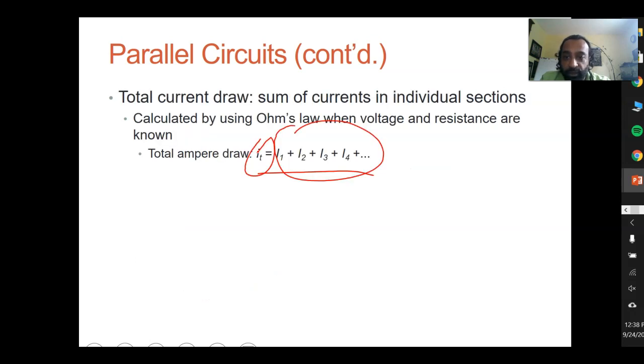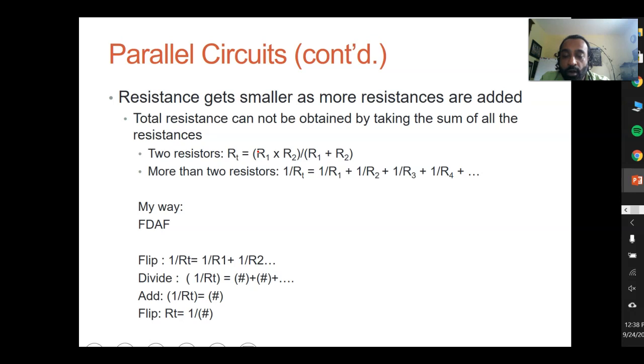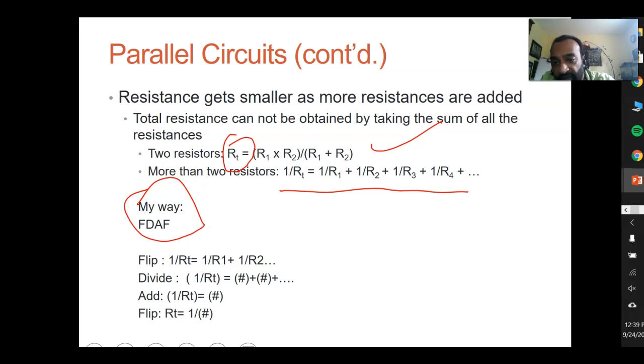This is the math included in how to know what is the resistance. So the resistance gets smaller as more resistance gets added. So that's just kind of working to our advantage, right? This is the formula for two resistances, which is to get the total resistance of two resistances in parallel. So the addition gets a little bit complicated. So I came up with this idea I called FDAF, and how to calculate the total resistance of a few resistances in parallel.